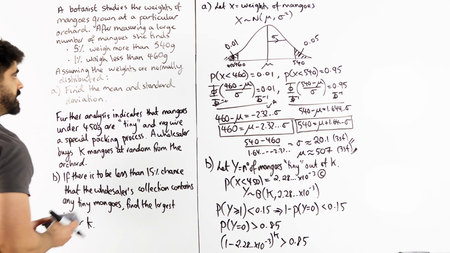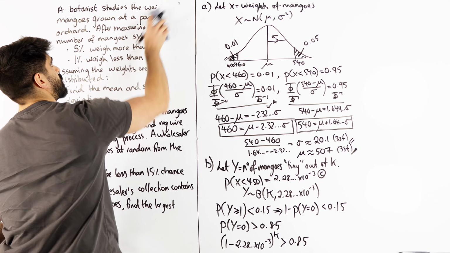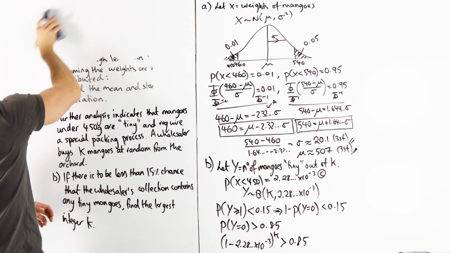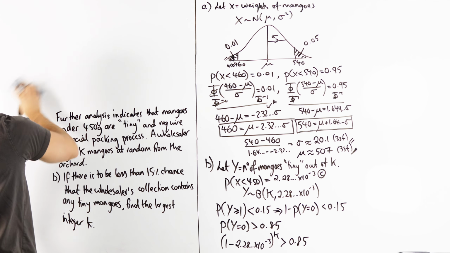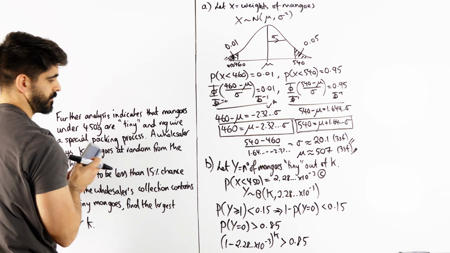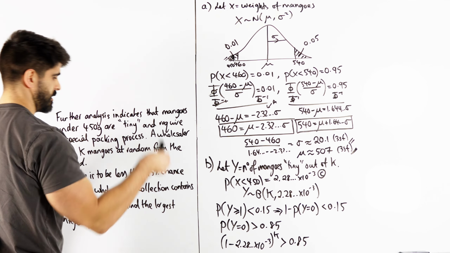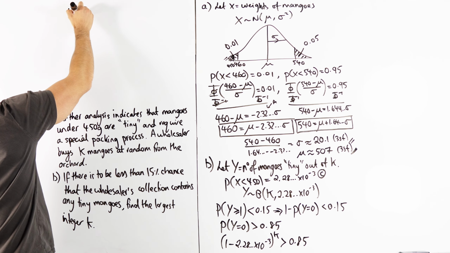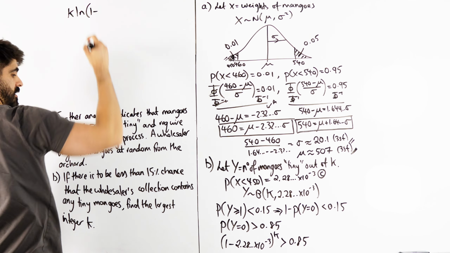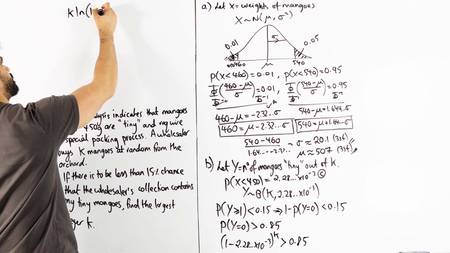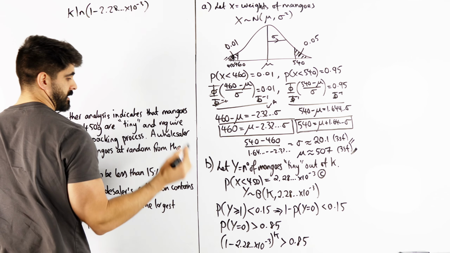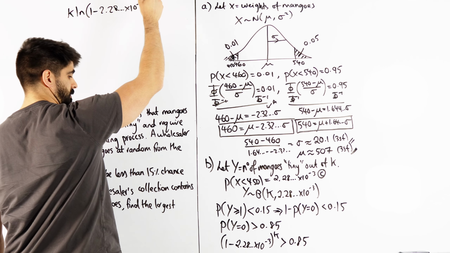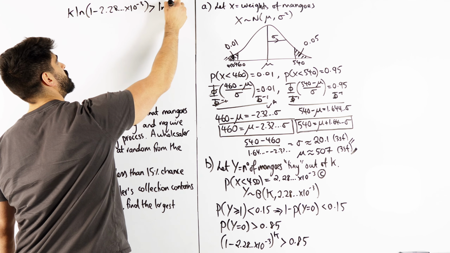Well, the unknown is in the power, so we need to use logs. So let's use logs. If you want, our favorite function, we can use ln. If you do ln on both sides, you bring down the power: k ln of 1 minus 2.28 times 10 to the minus 3, greater than ln of 0.85.